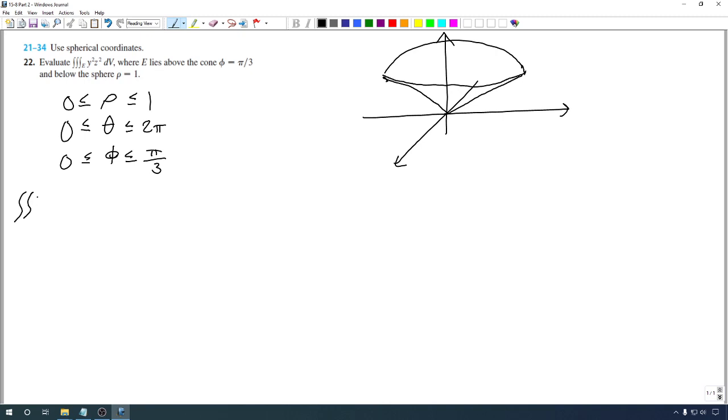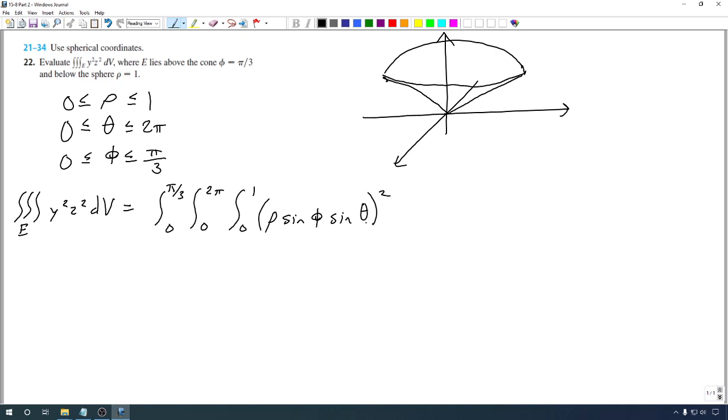We're going to look at the triple integral over E of y squared z squared dV. First we put our limits for phi, 0 to pi over 3. Then our limits for theta are 0 to 2 pi, and our limits for rho are 0 to 1. We have to change y squared z squared into rho, theta, phi. Our formula for y is rho sine phi sine theta, and that's going to be squared.